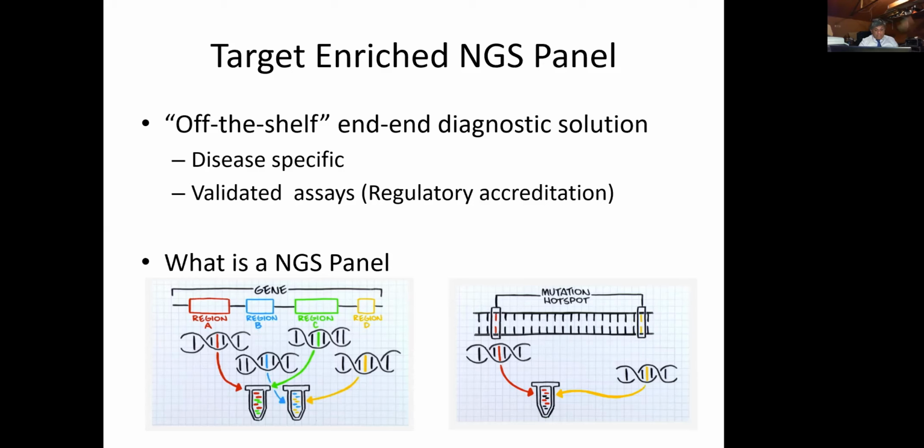And the basis of one of these regions here in this particular cartoon shows that they actually contain DNA sequence regions which contain previously known mutations, or called mutational hotspots. And so one of these panels consists of thousands and thousands of these mutational hotspot regions.